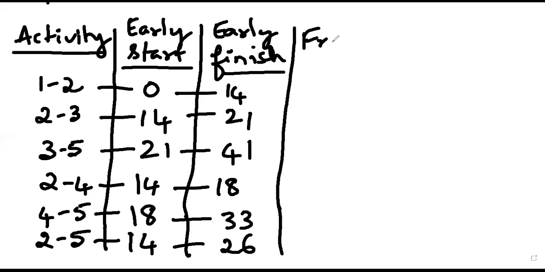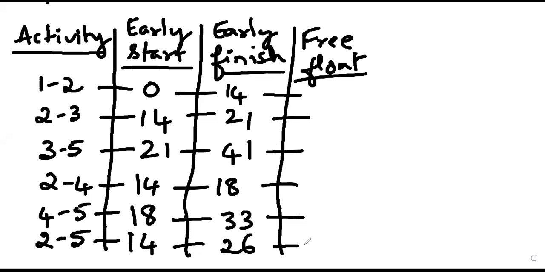Can you just tell me the free float calculated in our previous class? 1-2 is 0. 2-3 is also 0, I guess.